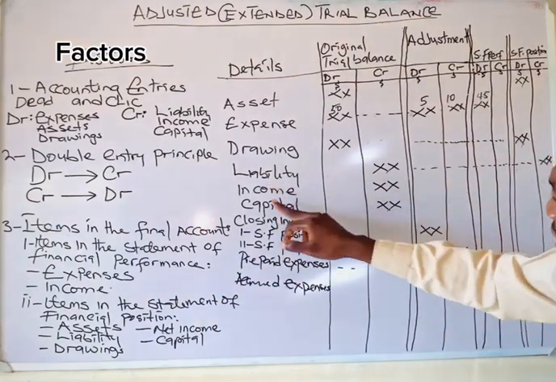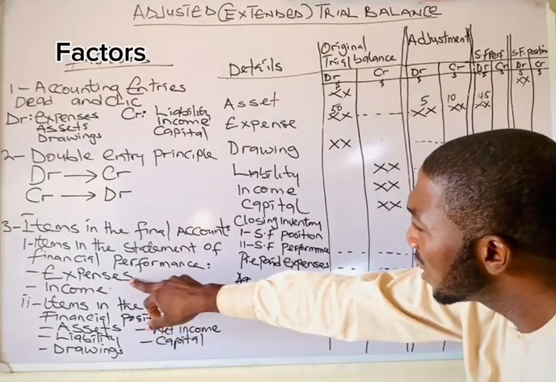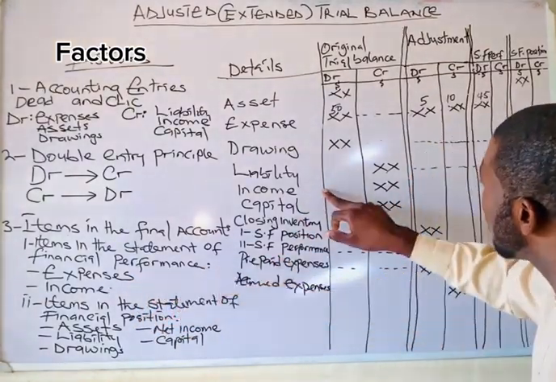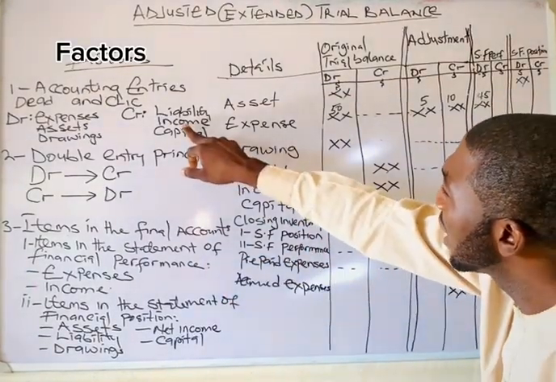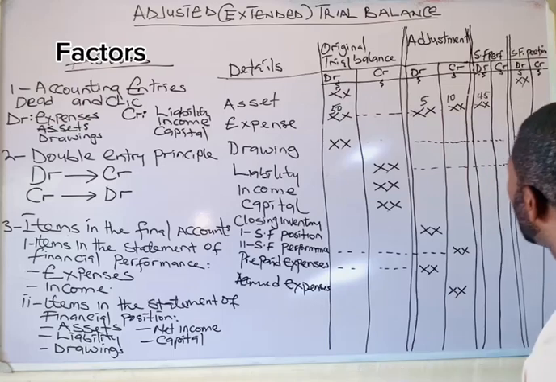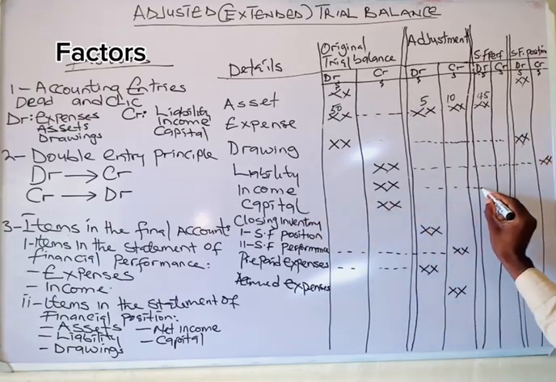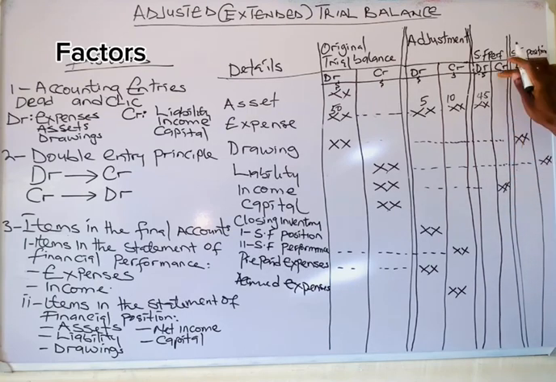The next account is income, and income, as you can see, is under the statement of financial performance. So you are taking this income to the statement of financial performance, but knowing that income always has a credit balance, it will go to the credit side of the statement of financial performance.